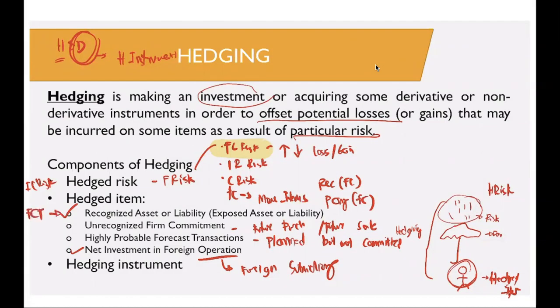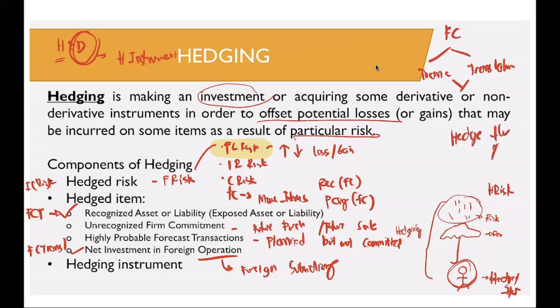This recognized asset or liability is known as your foreign currency transaction. Net investment in foreign operation is your foreign currency translation. Therefore, out of our two foreign currency topics, which is your transaction and translation, we will now hedge the risk.